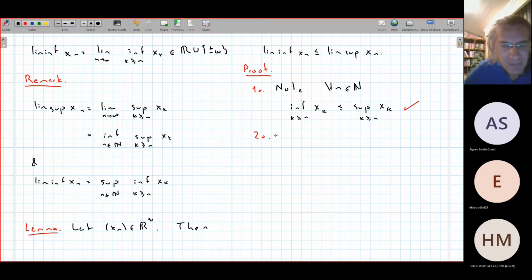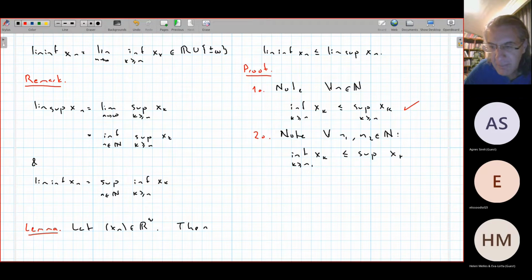And in the second step, I'm going to notice that this happens when the n's are different. So for any n1 and n2 in the natural numbers, it turns out that this infimum for k greater than or equal to n1 is less than or equal to this supremum for k greater than or equal to n2.